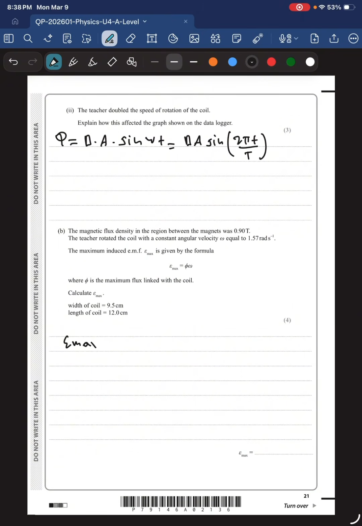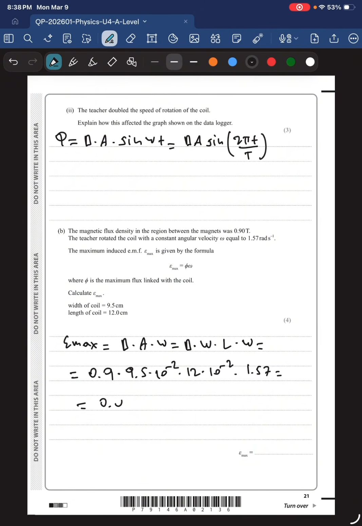So E max is phi omega, and the flux is B times A, so we have B times width times length times omega. We simply plug in 0.9 times 9.5 times 10 to the negative 2 times 12 times 10 to the negative 2, because it's meters, and then 1.57. If you carry the calculation, the answer is 0.016 volts.